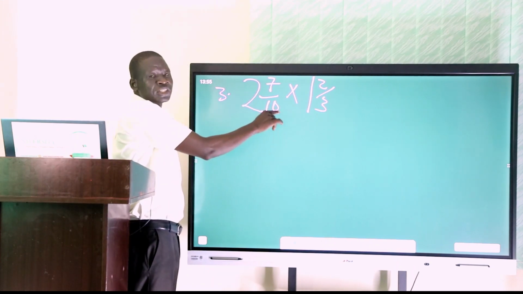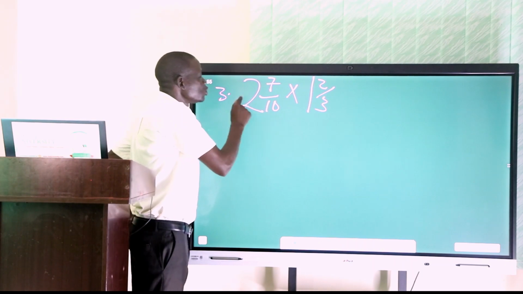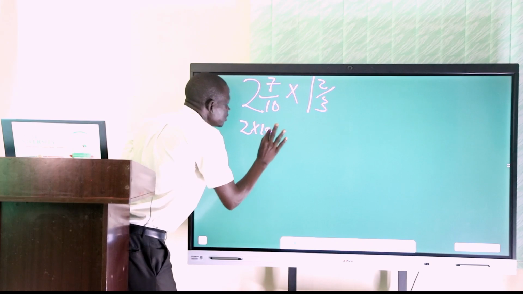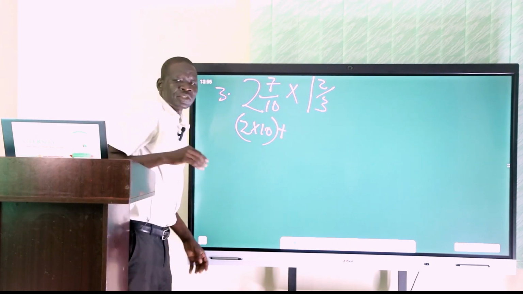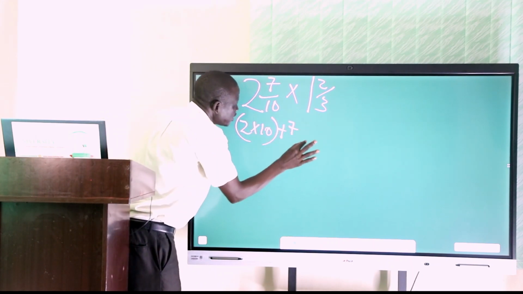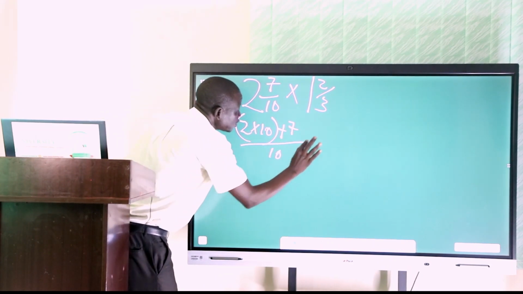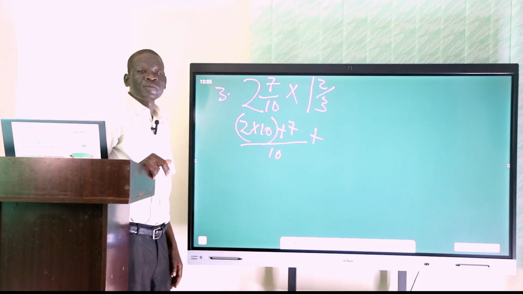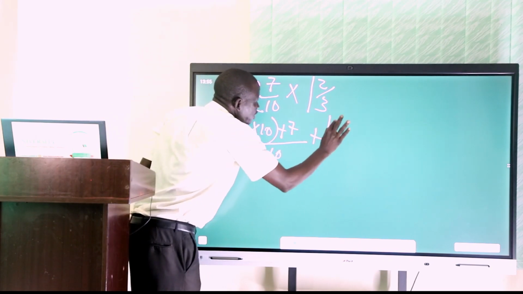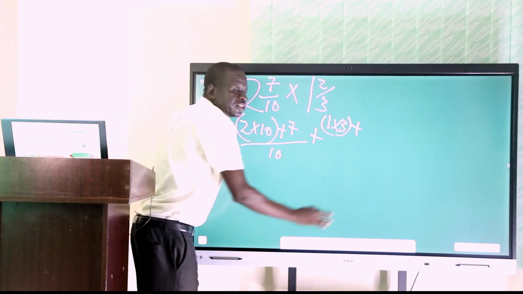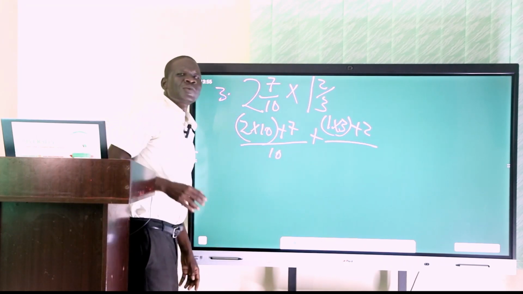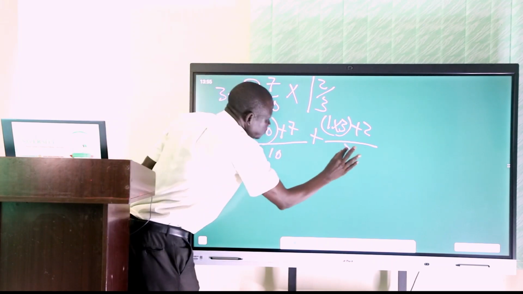So 2 times 10, we get 20. Then we add the numerator to it. The numerator is 7, all over 10. We also do the same for the other: we multiply 1 by 3, that is 1 times 3, then we add the numerator to it, which is 2, and then we divide by 3.